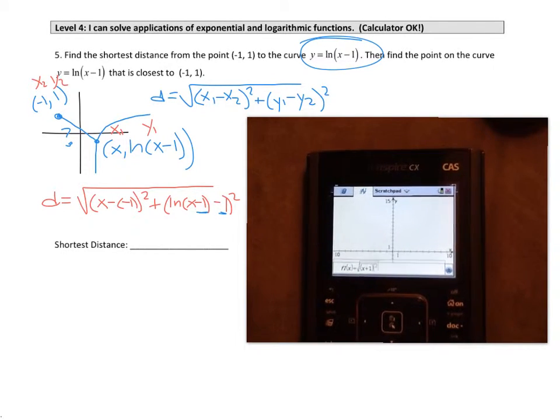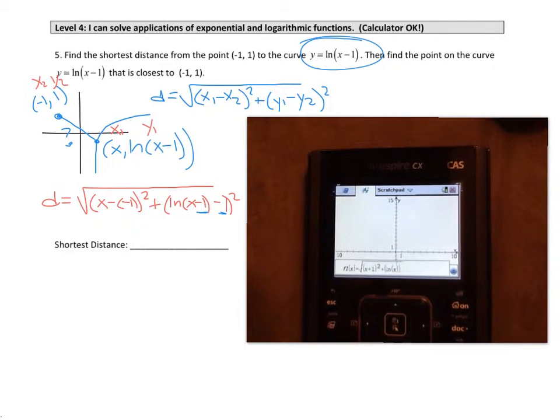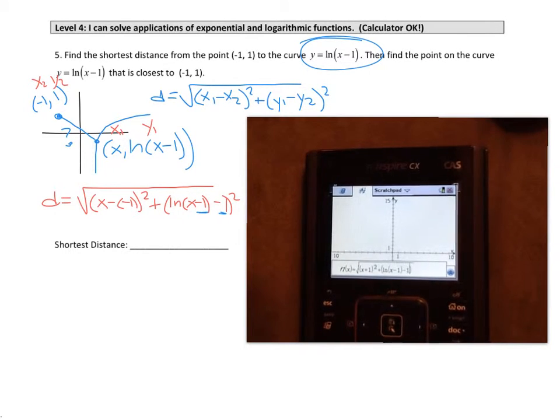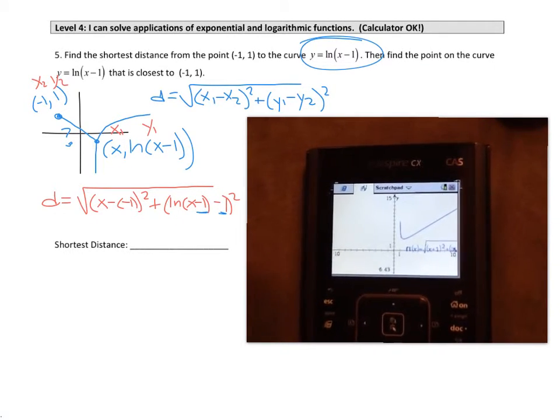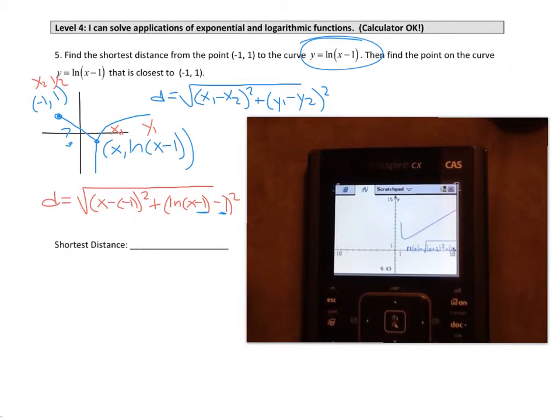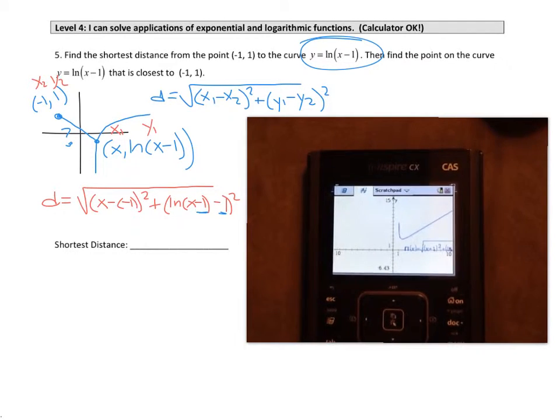Calculator doesn't care. Quantity squared plus parenthesis natural log, so I do control and then that e to the x button for natural log, and then inside natural log x minus 1, get outside of that parenthesis and another minus 1, and outside of that parenthesis square it. Hit enter, and this graph represents the distance from the point negative 1, 1 to any point on that graph natural log of x minus 1.